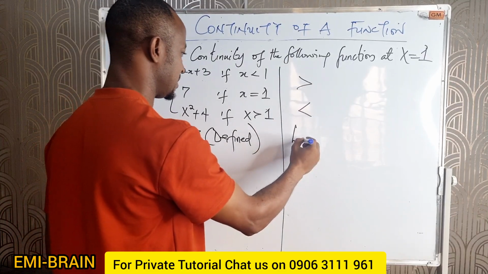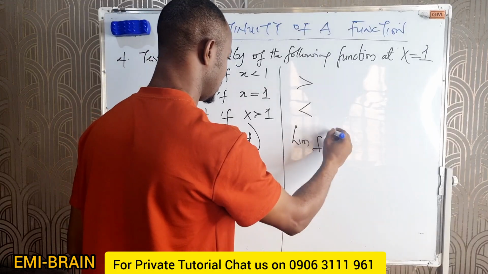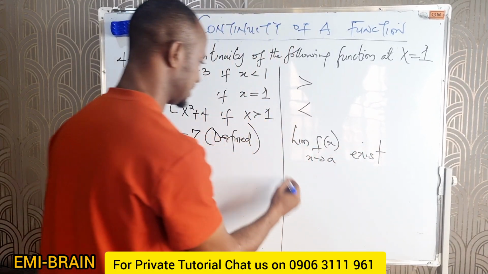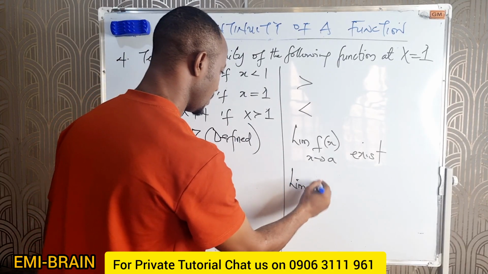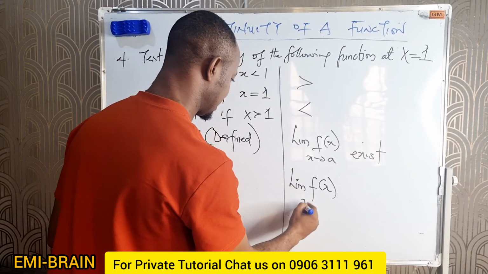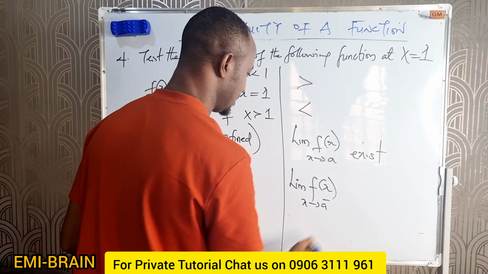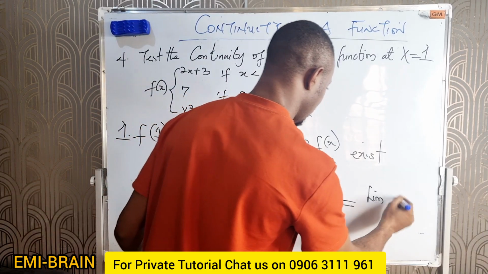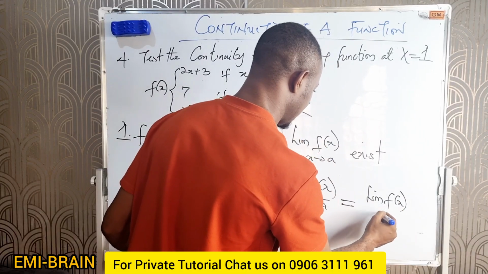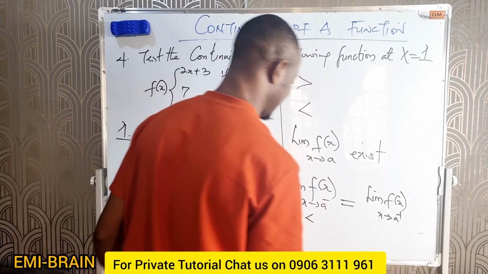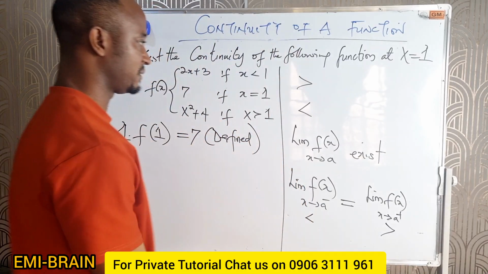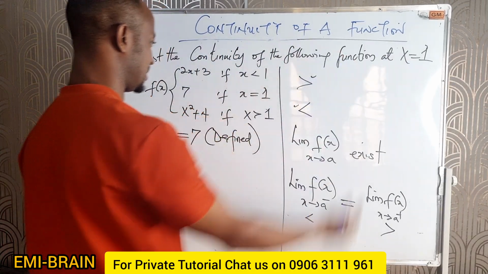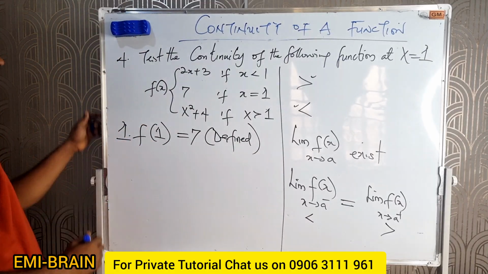So for the limit of f of x as x approaches a to exist, the limit on the left hand side, which is less than, must be equal to the limit on the right hand side, which is greater than. Don't forget, left hand side is less than, right hand side is greater than. So let's find our limit.